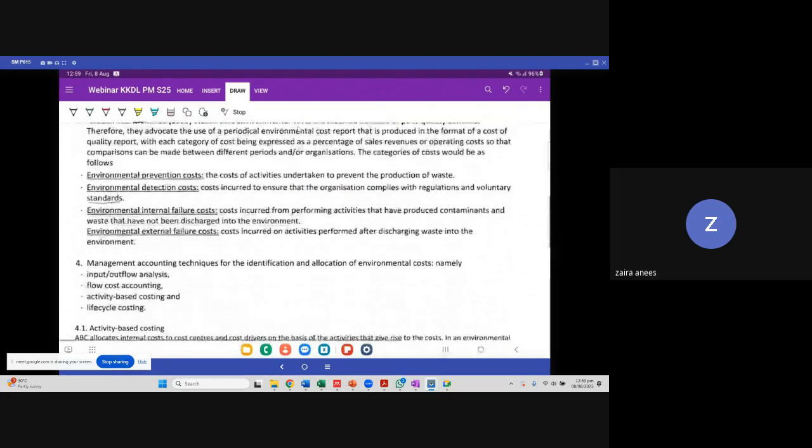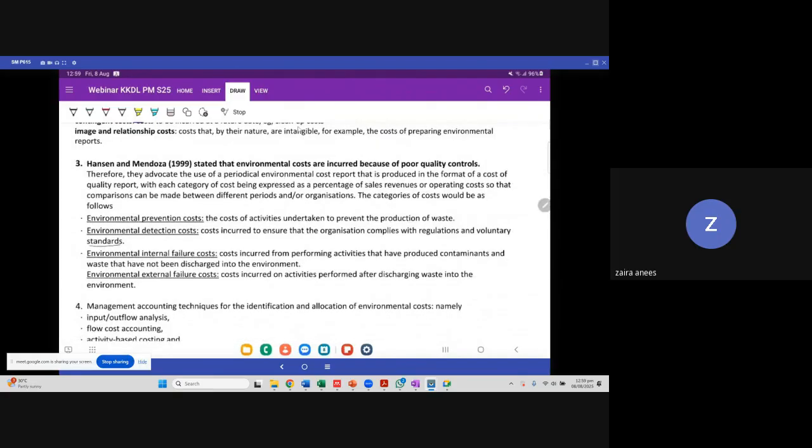Now, there is a research which has been made by Hessen and Mendoza, and they said that the most important thing is why there is an environmental cost: because you are producing waste. If you are producing waste, then you have to be very particular about the cost which these wastages are bringing.